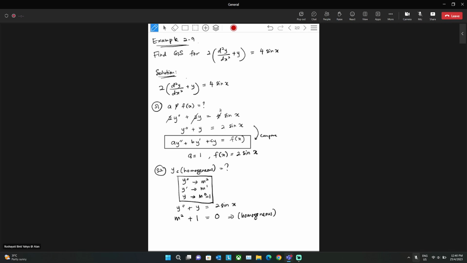So for this case, if you use your calculator, you will get your m equal to, dapat tak? Plus minus i.